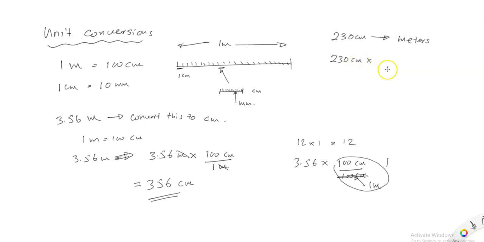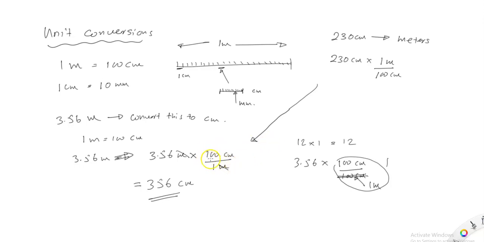But now, since I want the answer in meters, I'm going to multiply with 1 meter and divide with centimeters. You see that it's the opposite, right? Opposite of what I did over here.